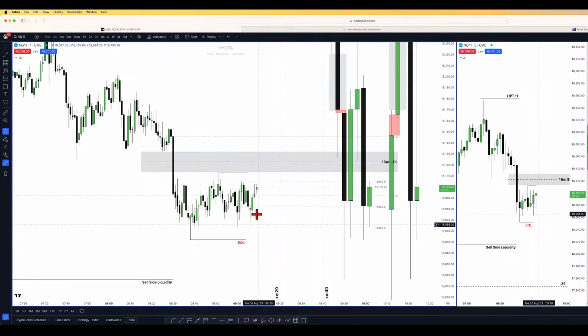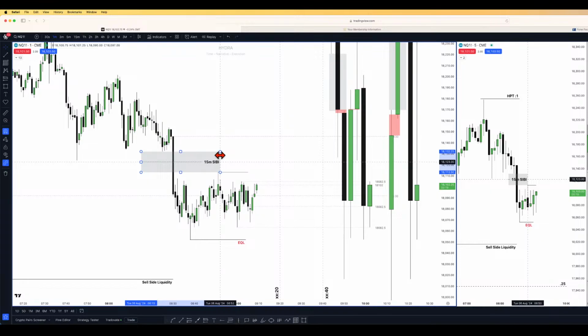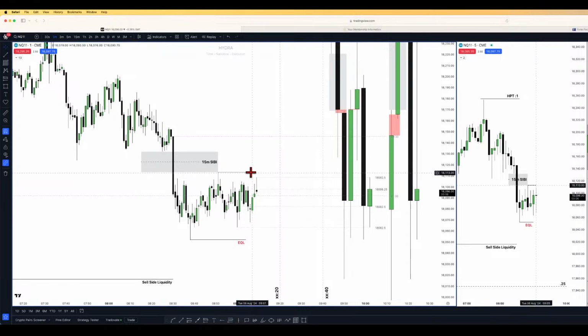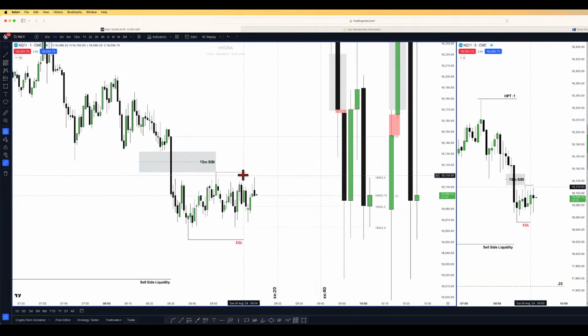So very likely they're going to come lower. Very likely we'll see a Judas forming lower. Let's see if I can spot any high probability entries. Look for SMTs. We usually get SMTs at these key levels. Do we have one visible?